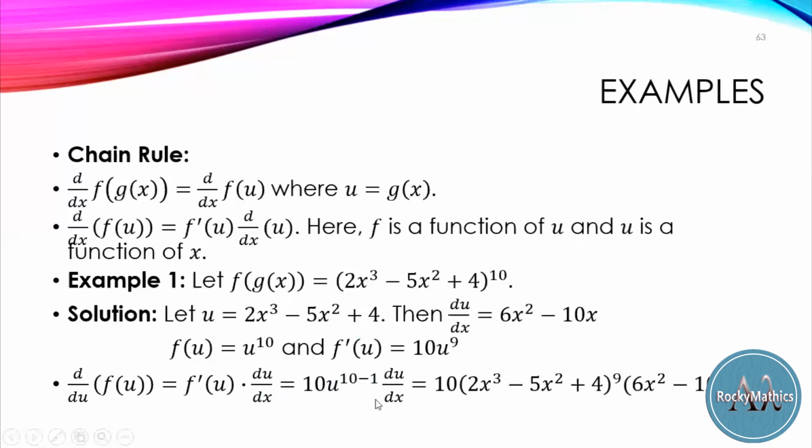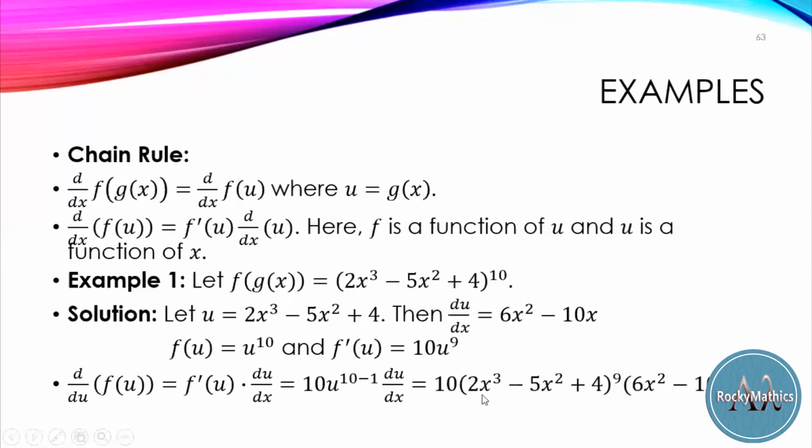Now, the original problem is in terms of x, right? So all we have to do is to substitute our original value of u in this u. Since our u is in terms of x, all we have to do is to write that original function in replacement of our u.